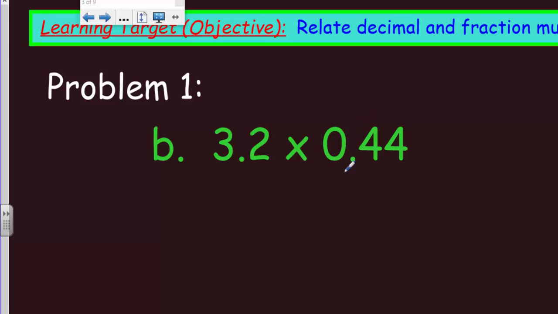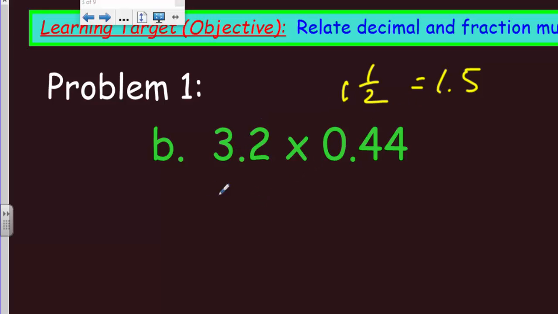So our answer would probably be around 1.5, and I'm going to put my estimate at about 1.5. This is also about 3 times more than 4 tenths, so the answer should be around 12 tenths. It will be a little more because the 3.2 is a little more than 3 times as much when we were doing our estimate here.